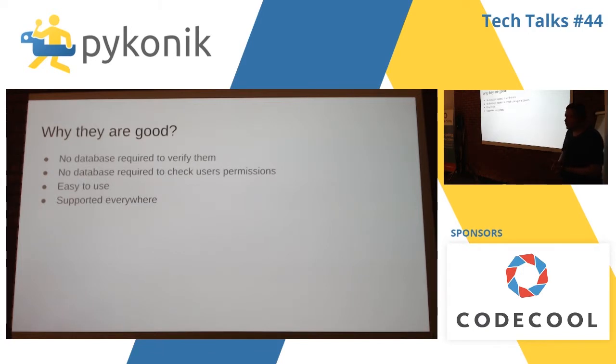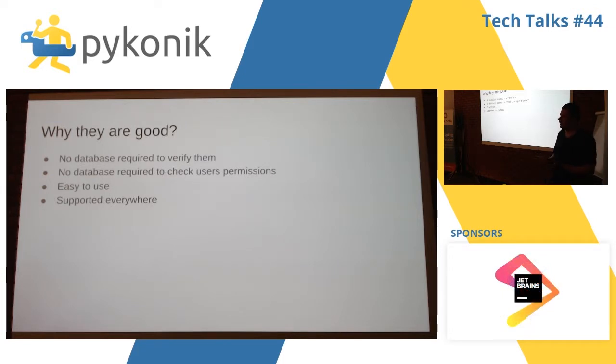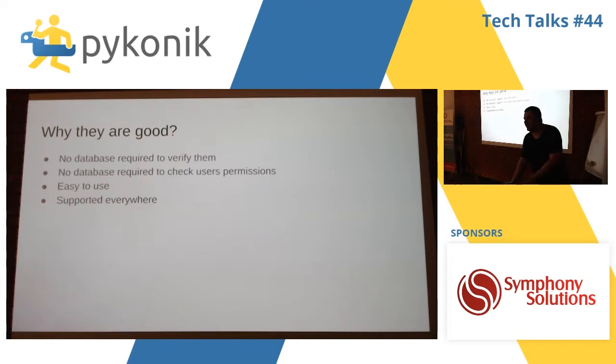It's actually easy to use. There are plenty of libraries for every language that you can write web applications in to leverage JSON Web Tokens, and it's supported everywhere, in every language you can use it.